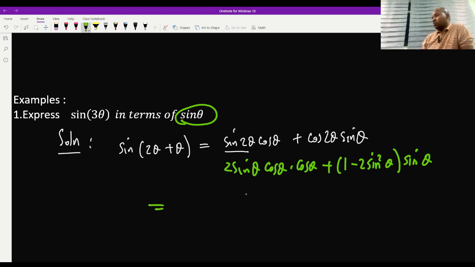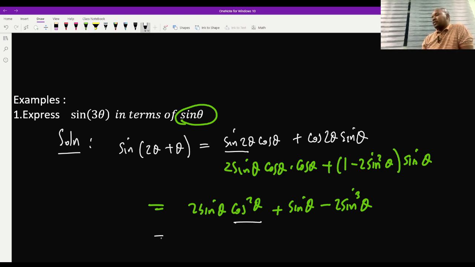So this is equal to 2 sine theta cos squared theta plus sine theta, you open the bracket, minus 2 sine cubed theta. You deal with cos squared theta, and that is going to be 2 sine theta in the bracket, 1 minus sine squared theta, again plus sine theta minus 2 sine cubed theta.